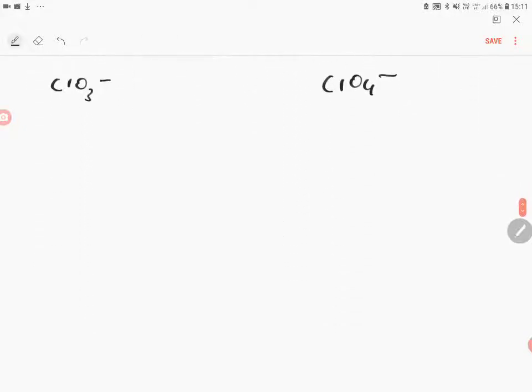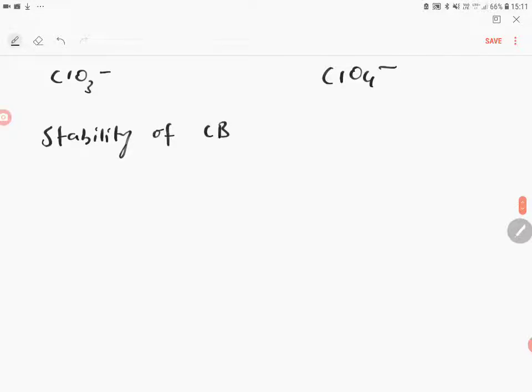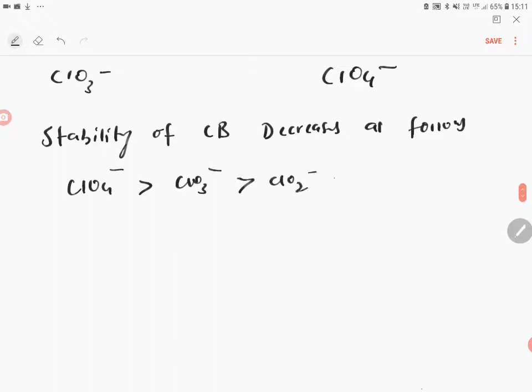Therefore, the stability of the anion, meaning the conjugate base, decreases as follows. Therefore, acid strength increases in the above order.